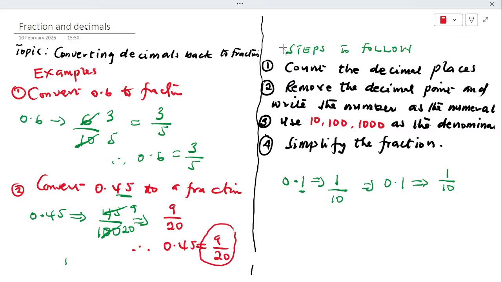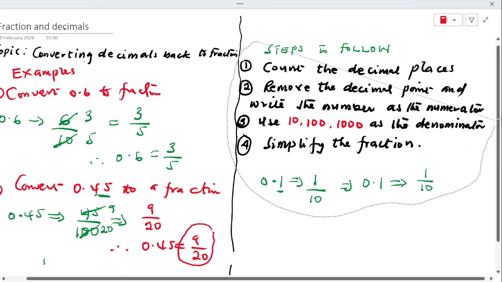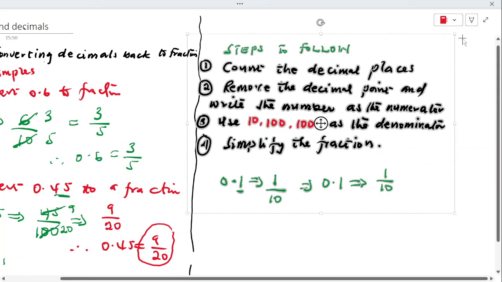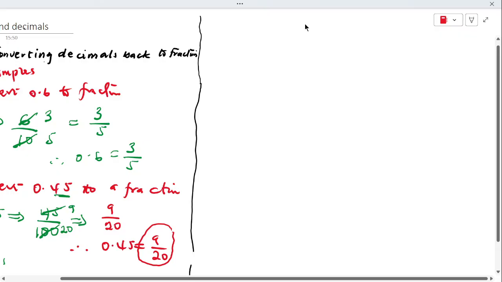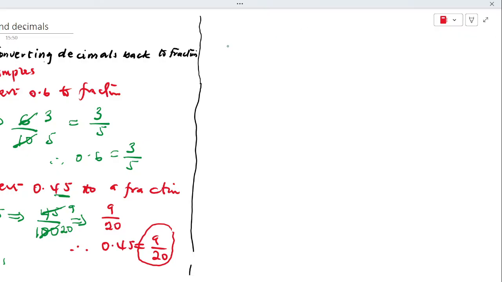Very good. So let's look at one more example, and then we bring our lesson to a close. All right. So the next example I want us to look at is an application form. It says Amma ate 0.25 of a cake.